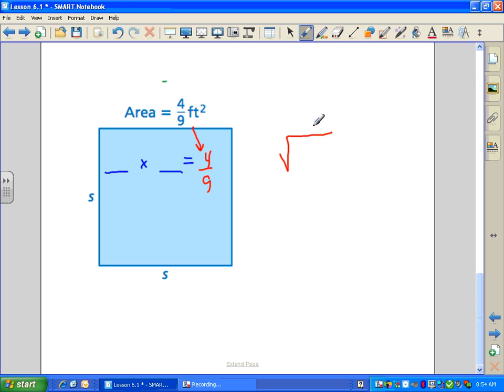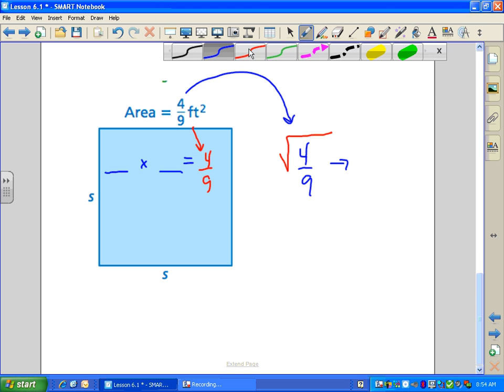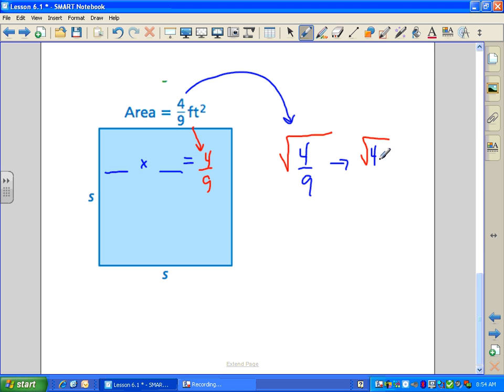Take the square root of the fraction 4/9. So I'm going to rewrite it, and I'm going to say the square root of my numerator, nice vocab bears, over the square root of my denominator.